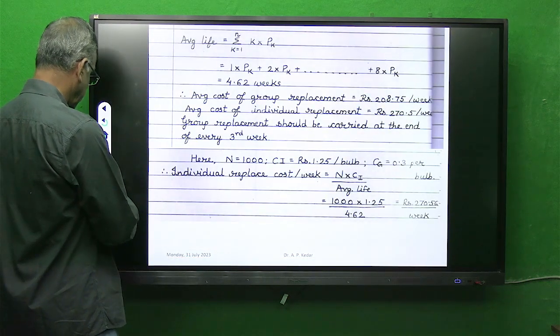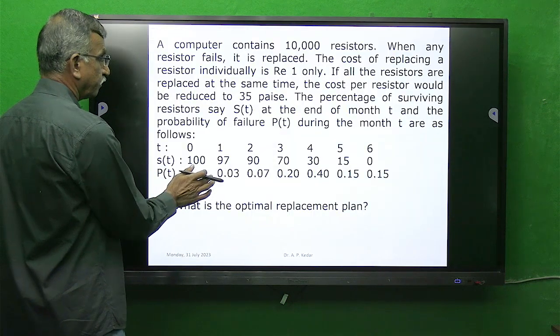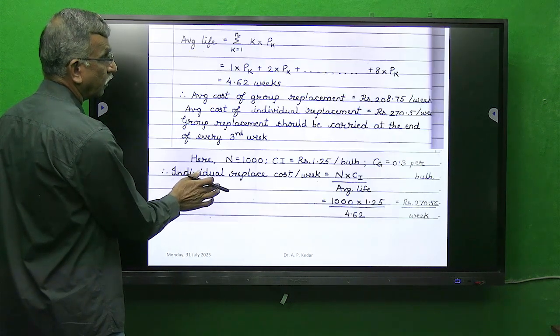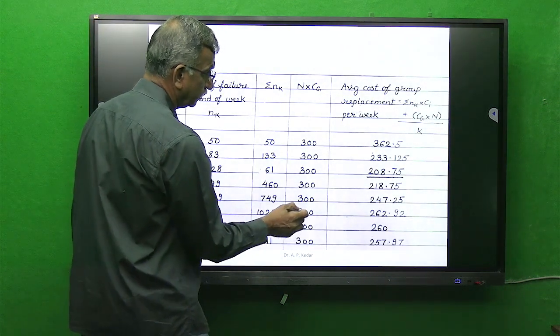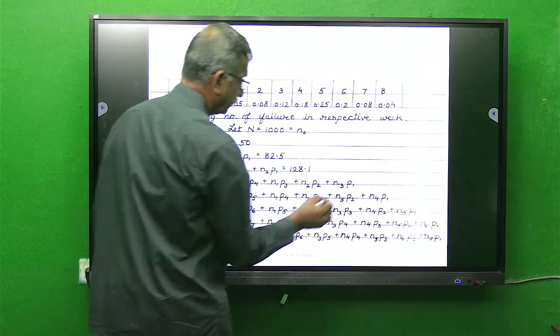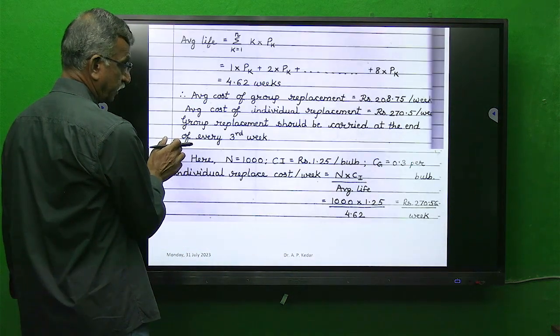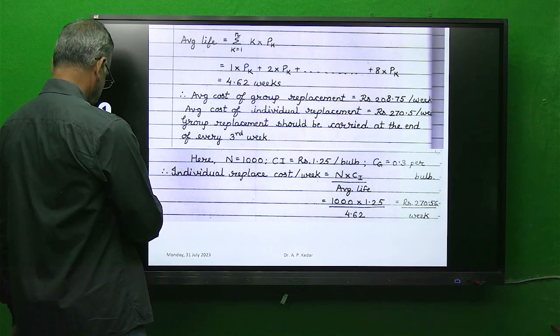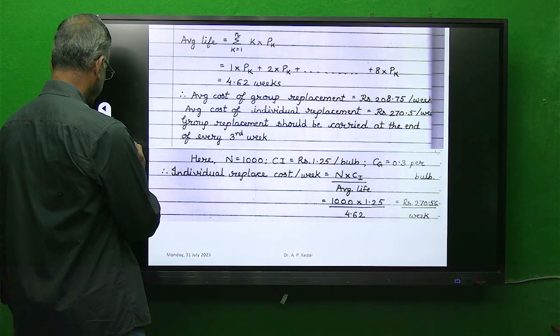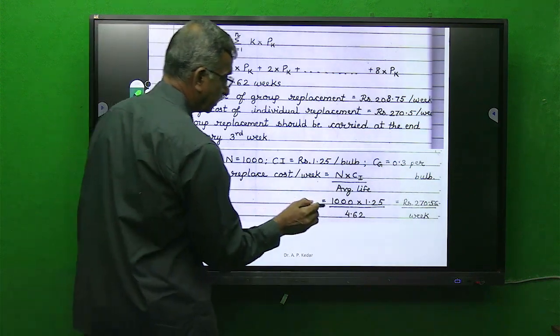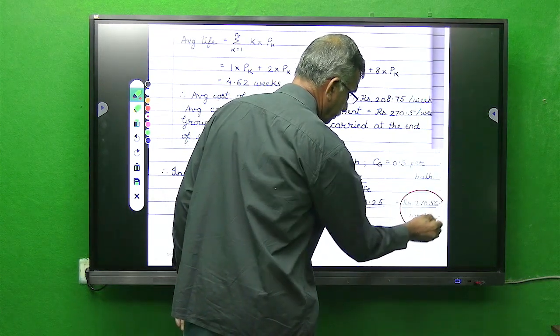Now just see the value. Focus on this value, 208, and here we are getting 270.